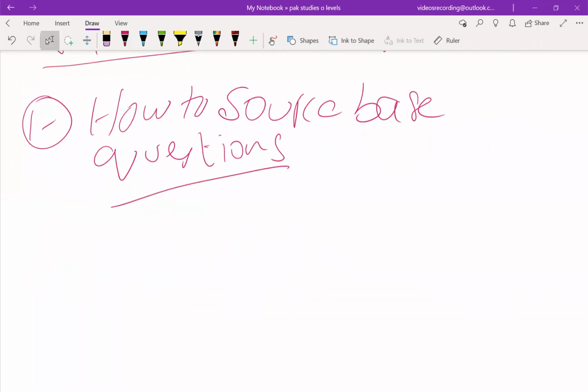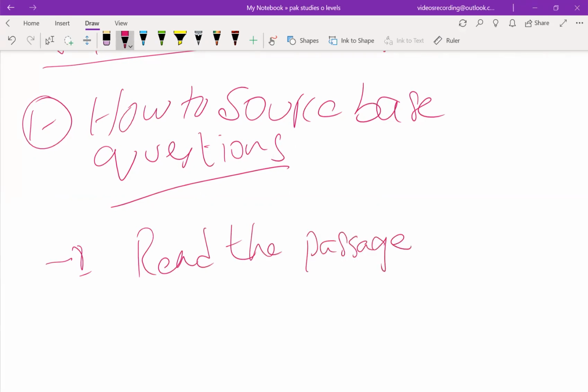They will always provide you with an insert and the questions will be driven from those inserts. Now, the first basic step is to read the passage very carefully and understand what exactly it is trying to highlight from that picture within that text.